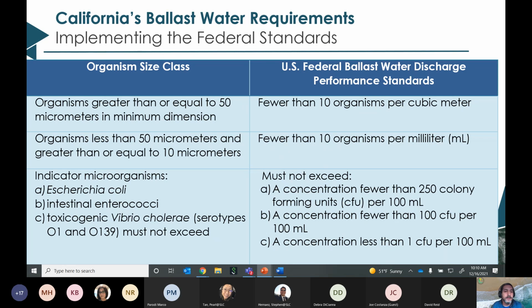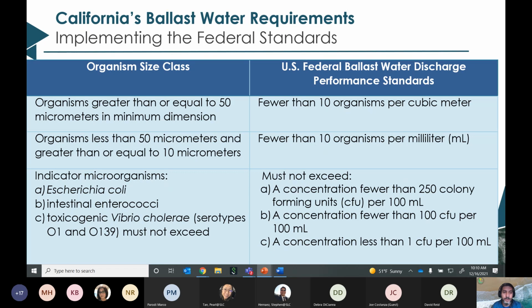Everyone is probably very familiar with this, but these are the performance standards broken up by organism size class. I don't think I need to go into too much detail, but I'll run through them quickly. The organism size classes are organisms greater than or equal to 50 micrometers in minimum dimension, so that's the larger size class.